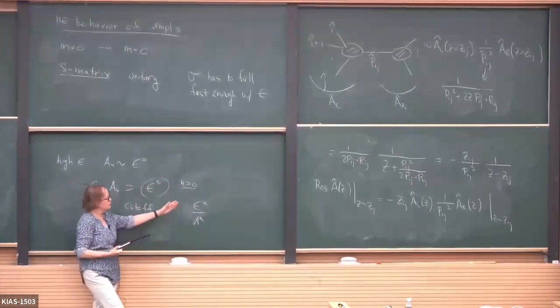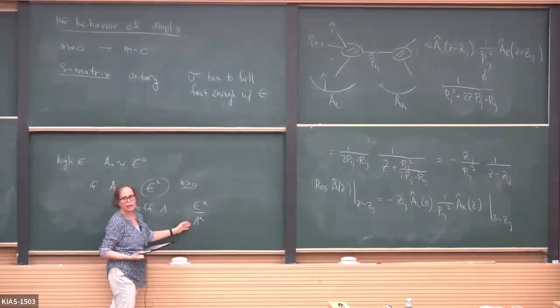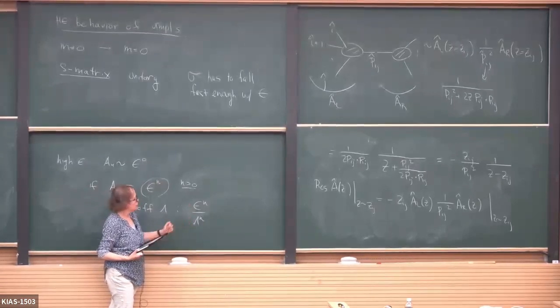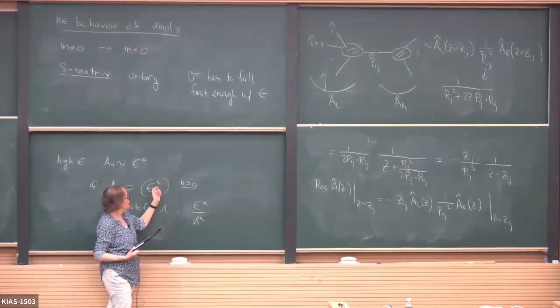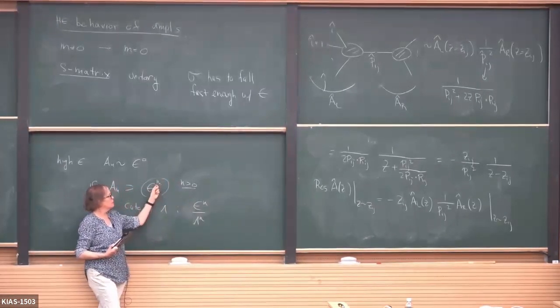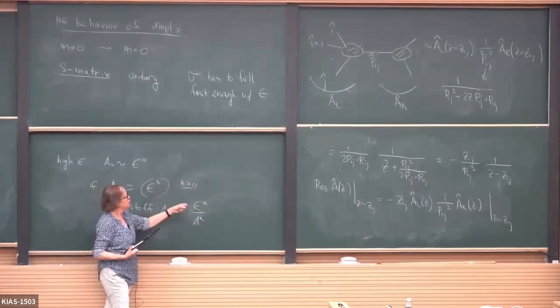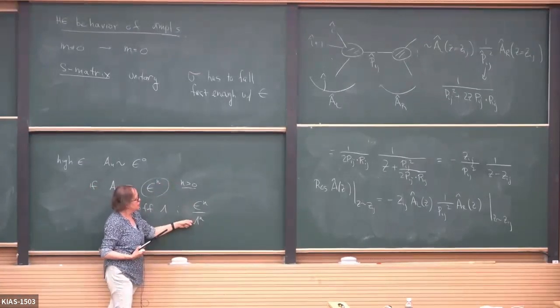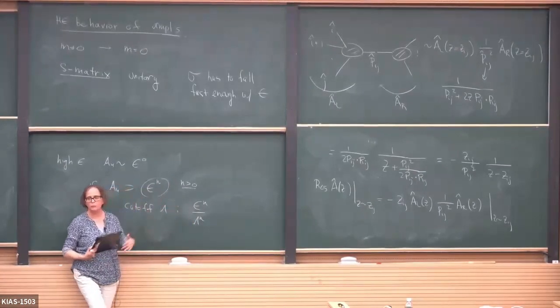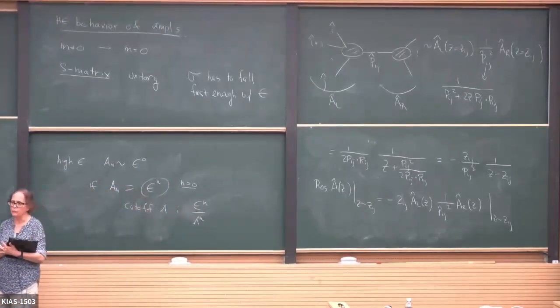So these sorts of terms that are suppressed by the cutoff are okay, but anytime you see an amplitude that rises with a higher power than 0, then it signals that the theory needs to be cut off at some point.